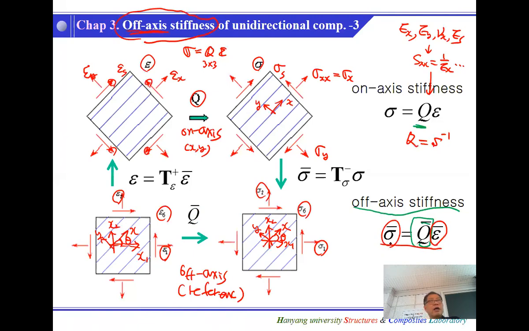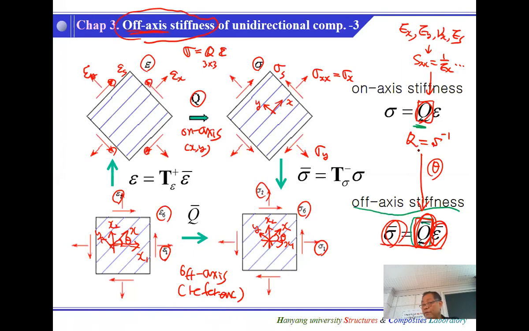The point here is how do we get this Q bar so that we can easily relate the off-axis strain and off-axis stresses. Q bar is nothing new; it can be calculated from the on-axis stiffness with the angle theta. Now we are given Q and theta, and we would like to calculate Q bar.